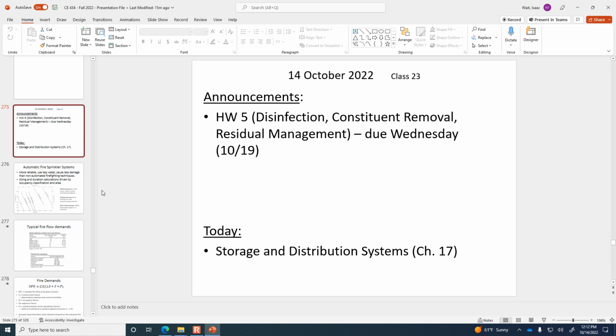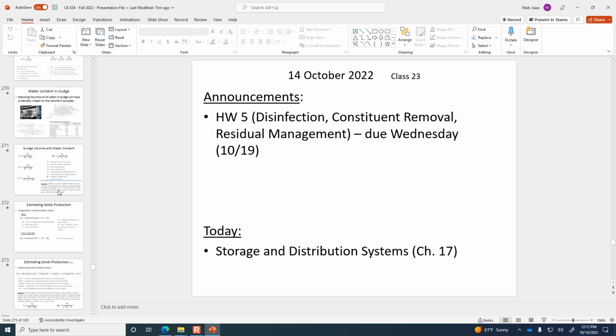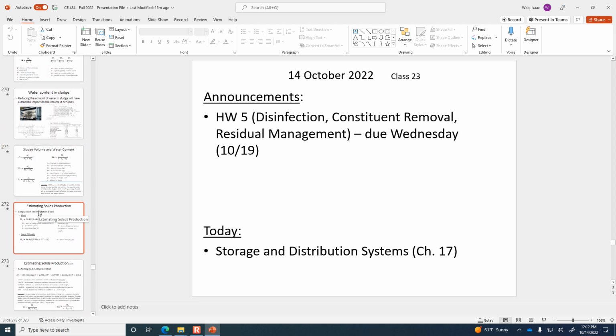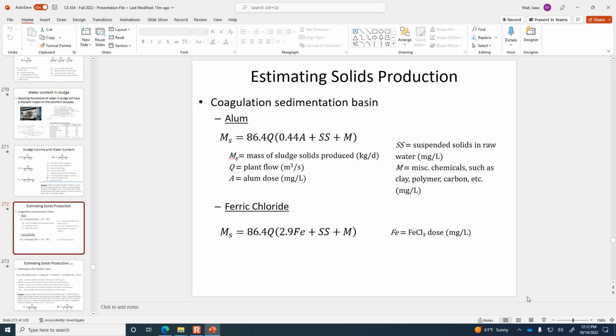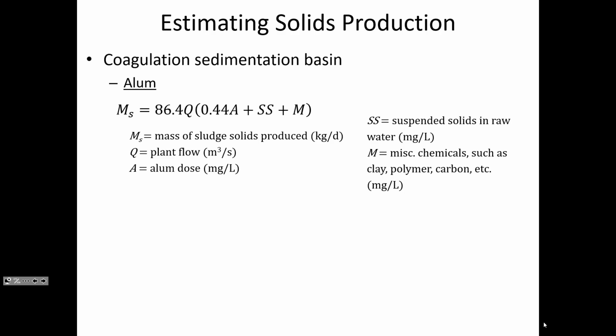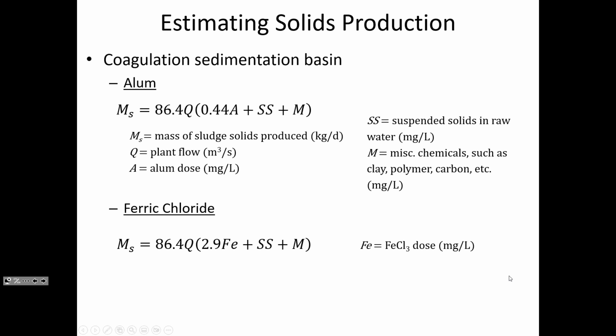And let me go back to a formula that I showed you last time, where we're trying to estimate the volume of sludge that's generated. There are these equations that say that the dose of either alum or ferric chloride plus the amount of suspended solids that are being removed, plus miscellaneous chemicals that are being added, all of this can be accounted for and then used to estimate the mass of solids that are being generated through the coagulation sedimentation basin.